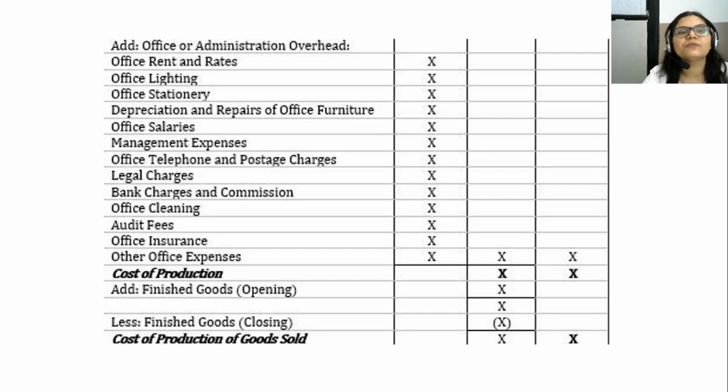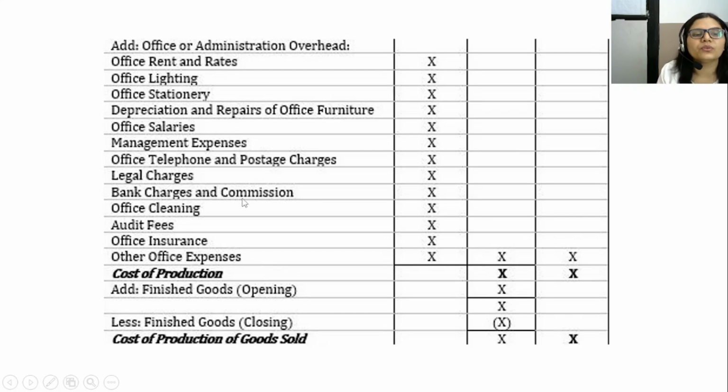After arriving at work cost, we will add office or administrative overheads to it. Office or administrative overheads include office rent and rates, office lighting, office stationery, depreciation and repairs of office furniture, office salaries, management expenses, office telephone and postage charges, legal charges, bank charges and commission, office cleaning, audit fees, office insurance, other office expenses.